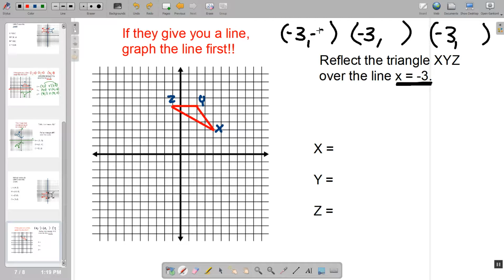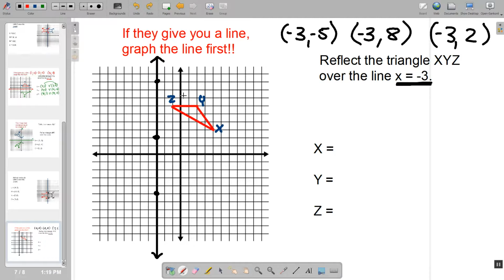So I'm going to pick -5, 8, and 2. Just pick some really random ones. -3, -5 is right here. -3, 8 is up here. -3, 2 is right here. So that tells us our line is a vertical line through x equals -3. So there is our line.